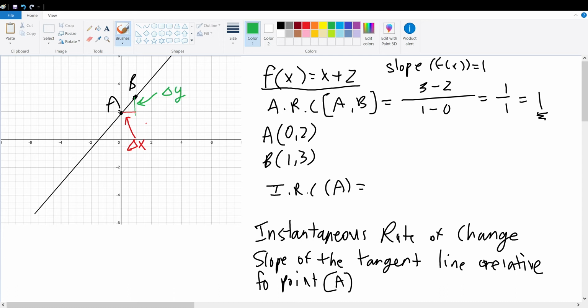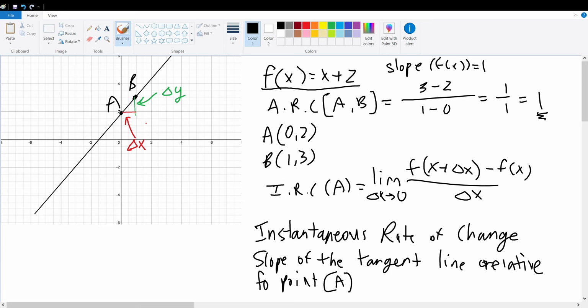So with our knowledge of the limit, the limit of f of x plus delta x minus f of x divided by delta x, when delta x infinitely approaches 0, should give us the instantaneous rate of change of A.